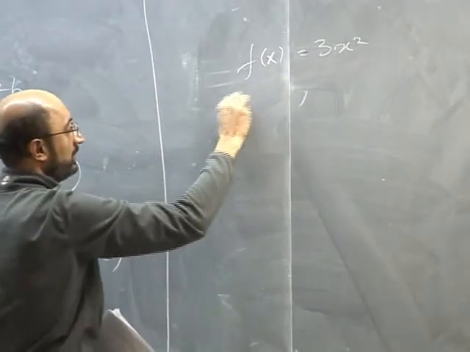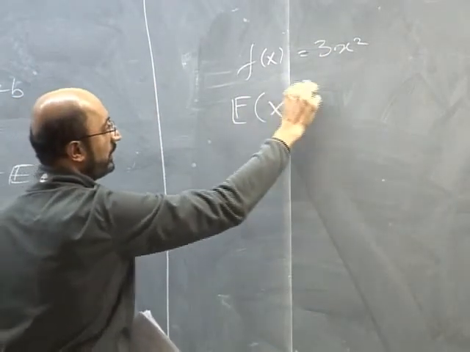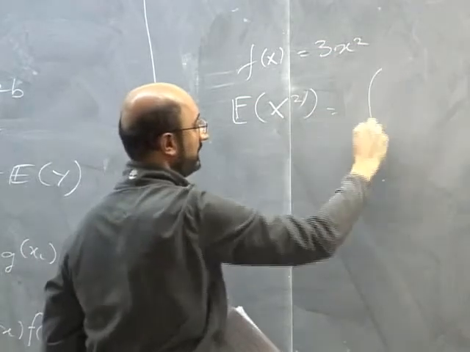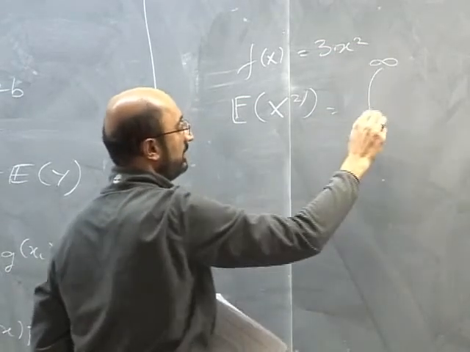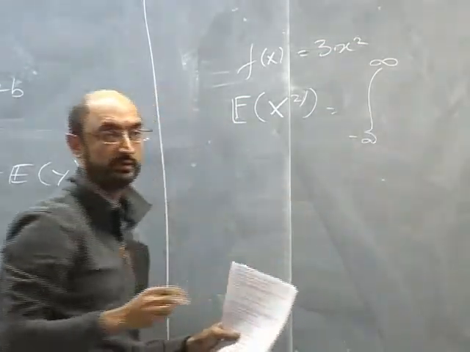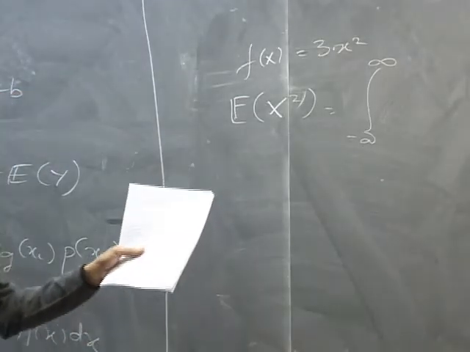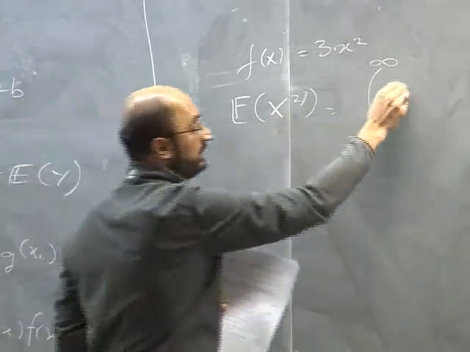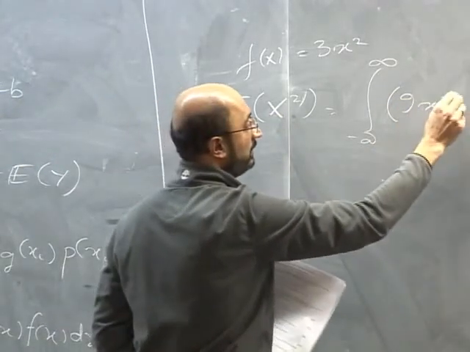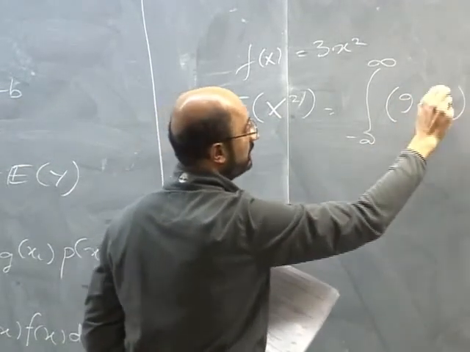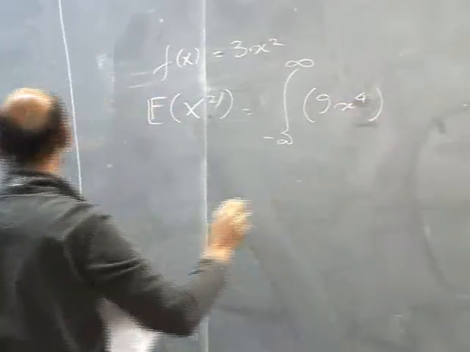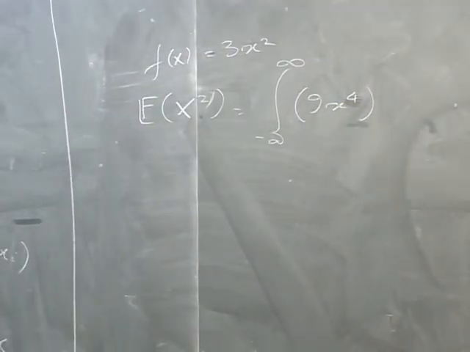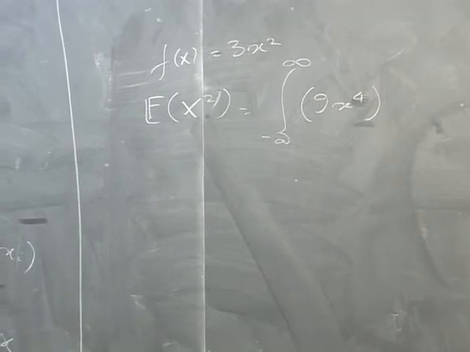So expected value of capital X squared is going to be the integral from minus infinity to infinity. So we're going to do g of x, where g of x is the square. So it's going to be 9x to the 4, okay, times, so g, where am I doing?